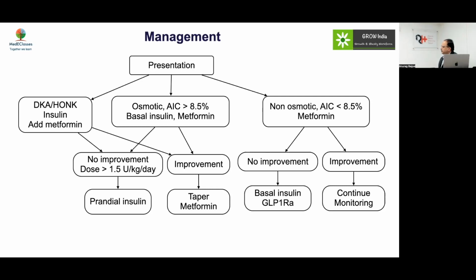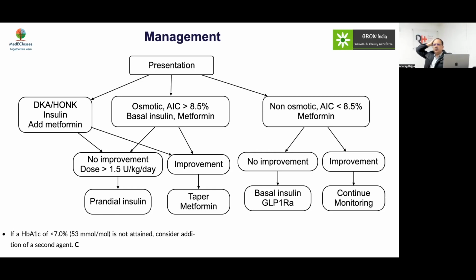So if HbA1c is less than 7%, that seems to be the target. And now the approach is more of treat to target and not treat to failure. As I said earlier, people used to say, okay, let's try lifestyle and see in 3 months what happens. Then you say, okay, let's start metformin and see in 3 months.